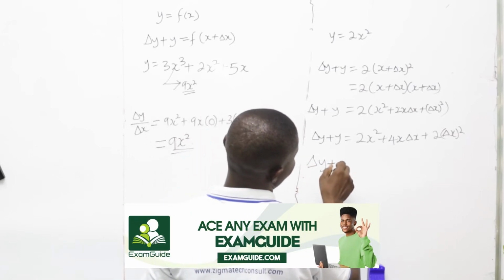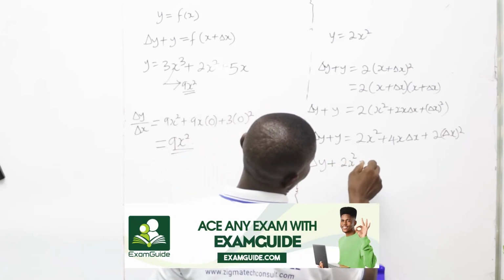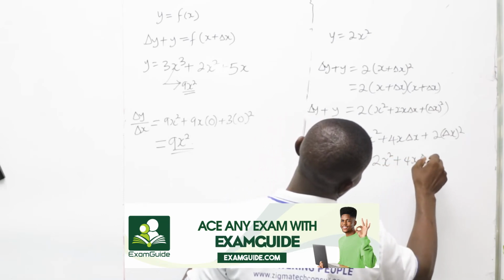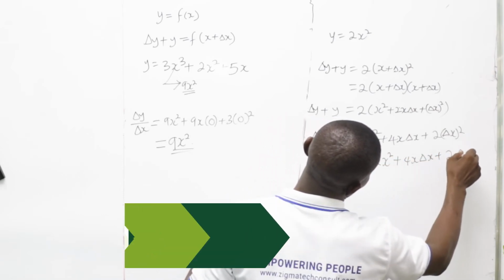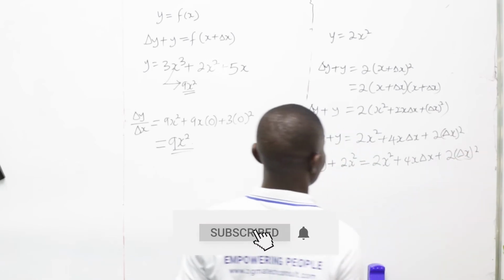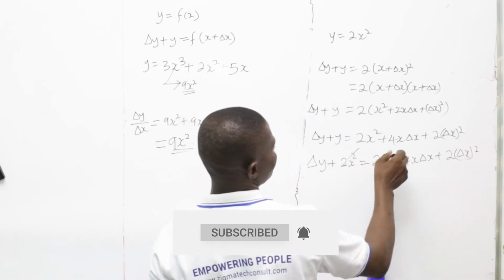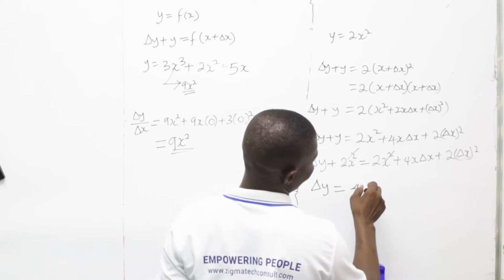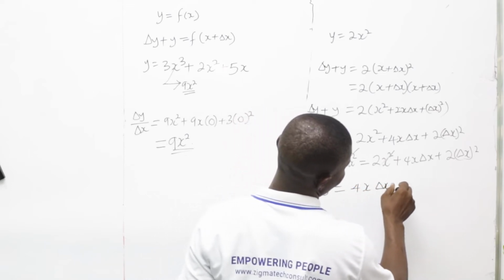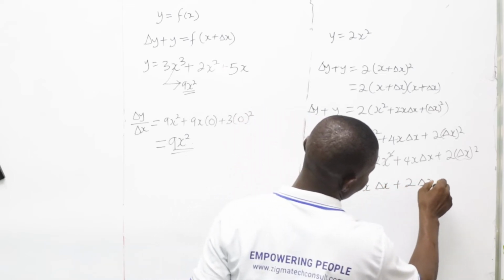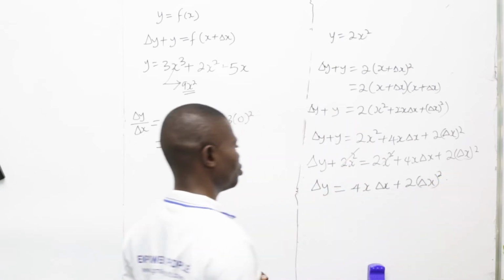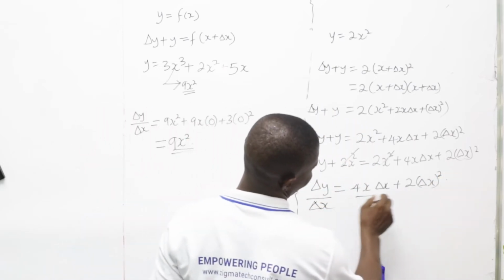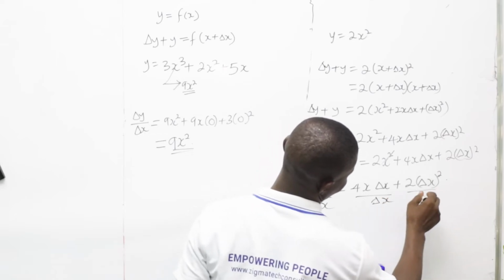Bringing the value of y, which is 2x squared, it will give us 2x squared plus 4x change in x plus 2 change in x all squared. So this can cancel this. Change in y equals 4x change in x plus 2 change in x all squared. Let's divide through by change in x.